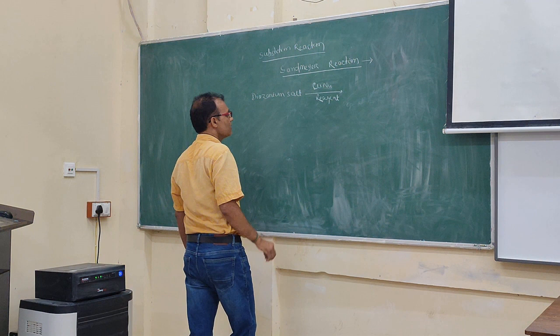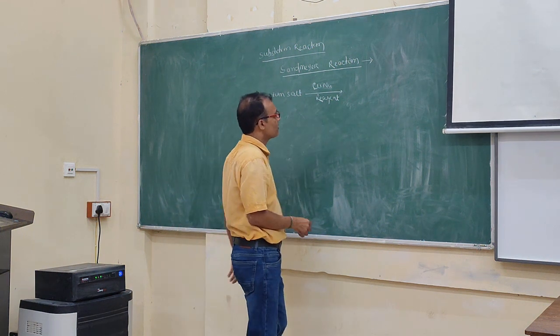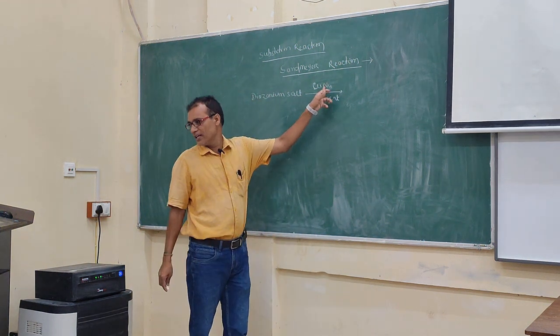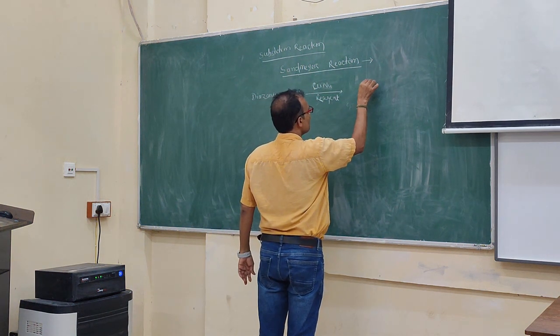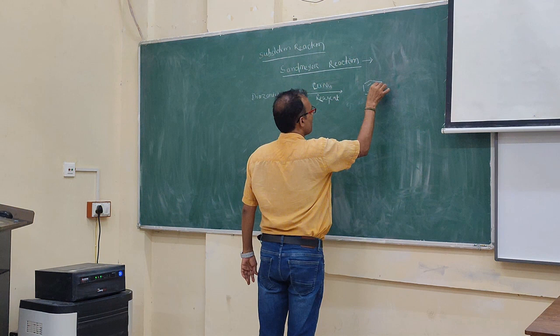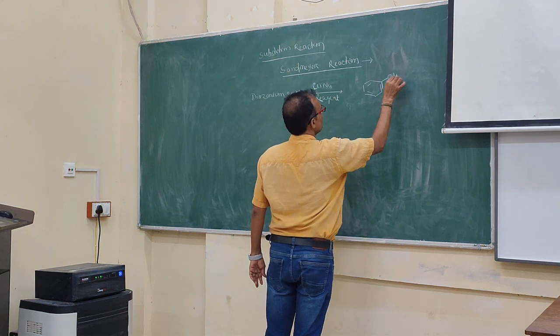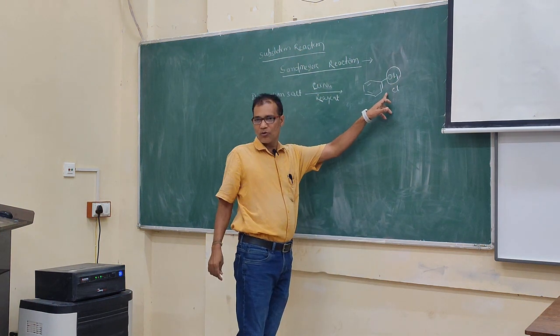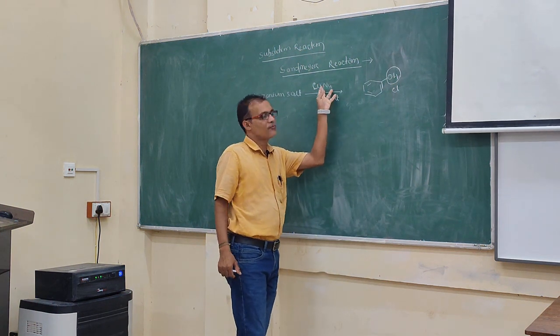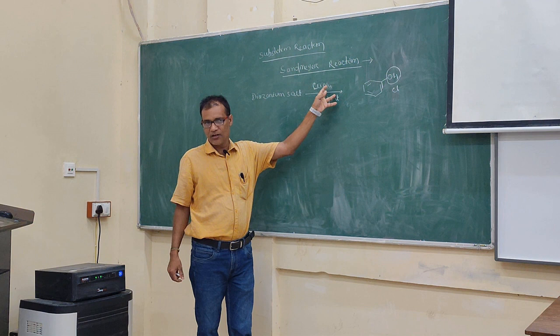Then you will get the product according to the nucleophile present in the copper reagent. Suppose you have copper hydroxide, so you will get OH. If you have copper chloride, you will get chlorobenzene. If you have copper bromide, you will get bromobenzene. Or if you have copper cyanide, you will get cyanobenzene.